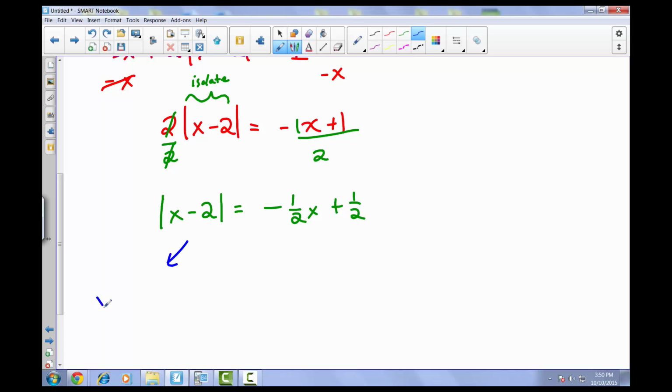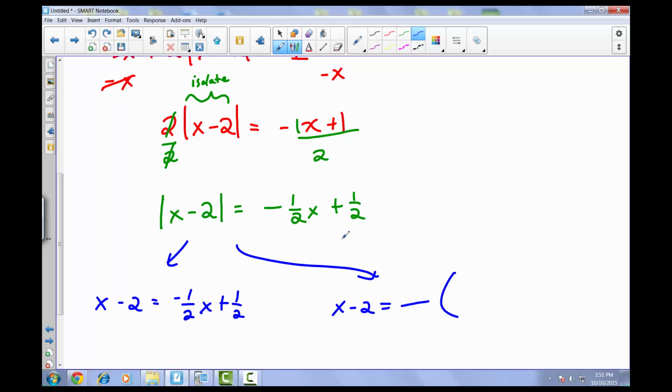So in one of them, we have x minus 2 is equal to this negative 1/2 x plus 1/2. For our other one, we have x minus 2 is equal to the negative of this entire side, so negative of negative 1/2 x plus 1/2.